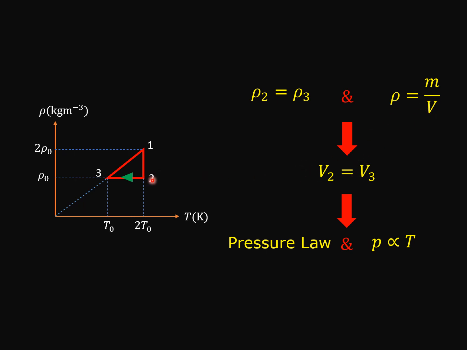That means the process when the gas changes from state 2 to state 3 is an isochoric process. Since the volume is constant, this process obeys the pressure law, so the pressure is directly proportional to the temperature T.